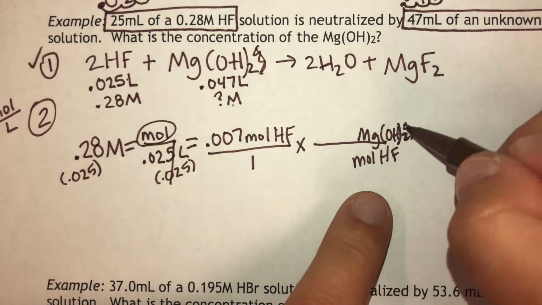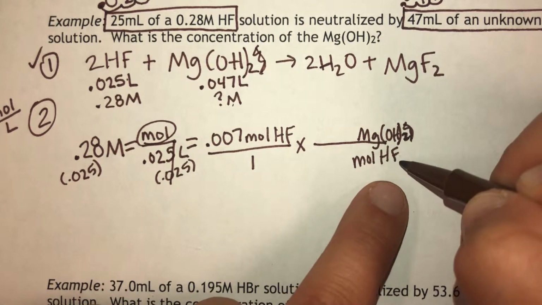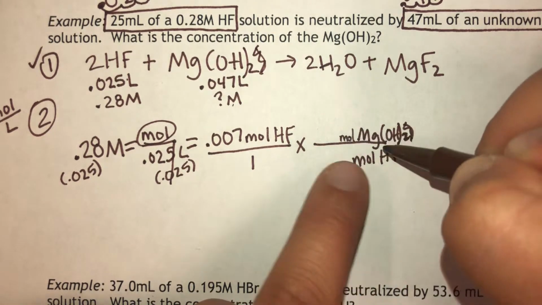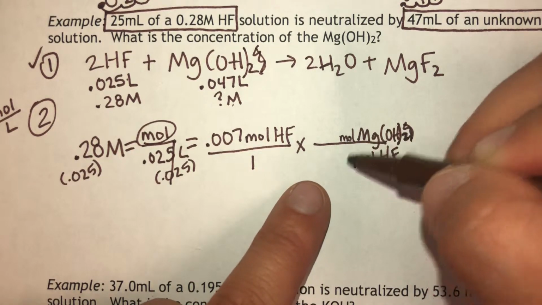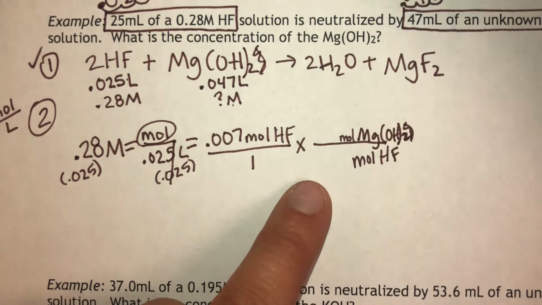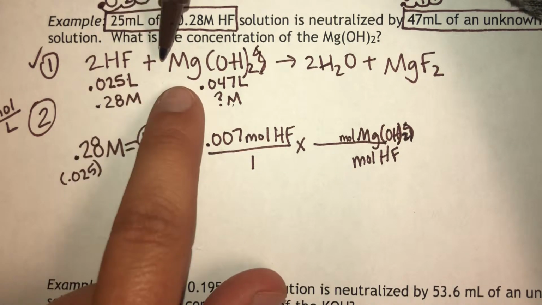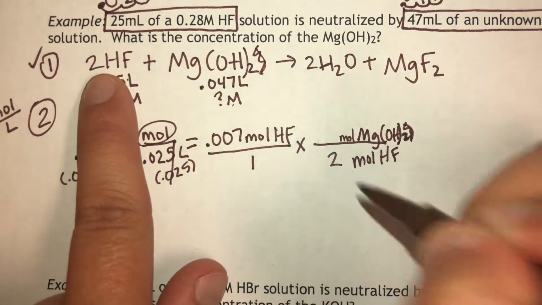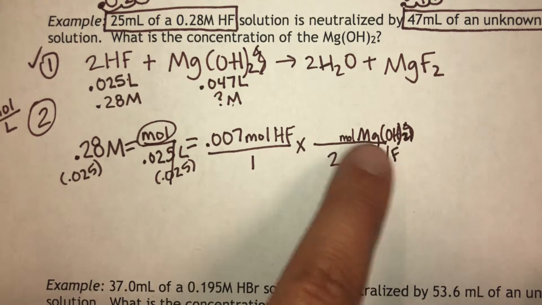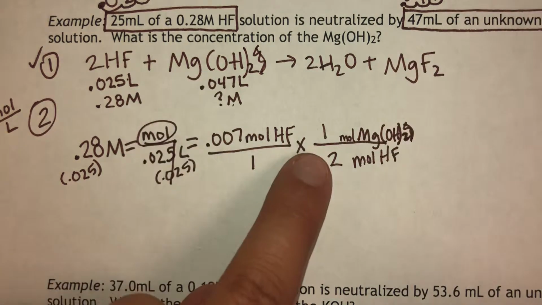Okay, sorry about that. So now that we have MgOH2 on the top and moles of HF on the bottom, we need to know what numbers go in front. So this is why it became important that we balanced this equation. We're going to go back up to what we balanced, and we're going to use the numbers in front. So for moles of HF, we have 2, so we'll put a 2 right here. For moles of MgOH2, we have 1, so we'll put a 1 right here.